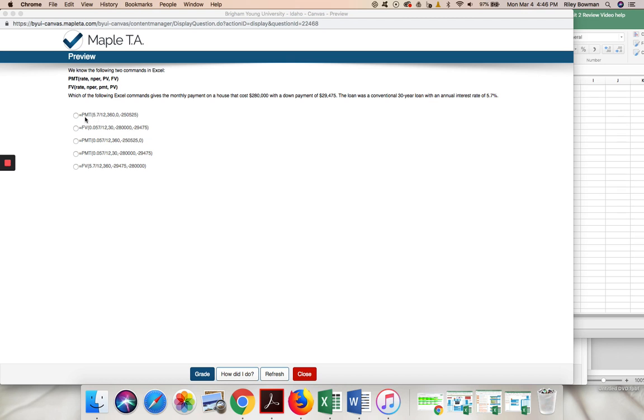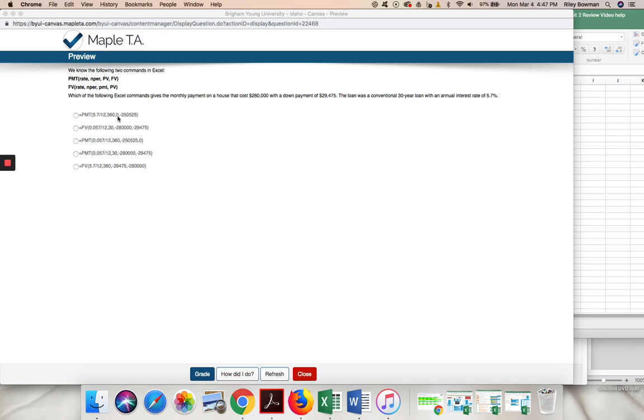So the first one is a payment formula. I can see 5.7, and because this is supposed to be a decimal, that tells me this interest rate is actually 570%, because I need to move the decimal over 2 to see the percent. Dividing it by 12 is good, that means it's a monthly payment. 360 means there are 12 payments over 30 years.